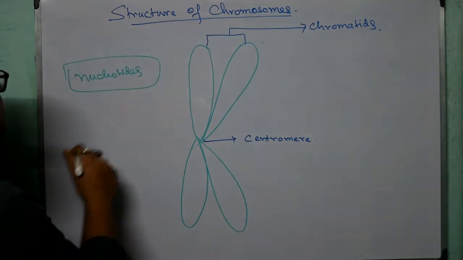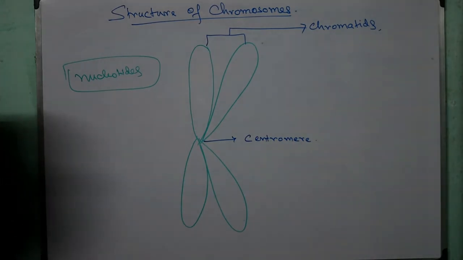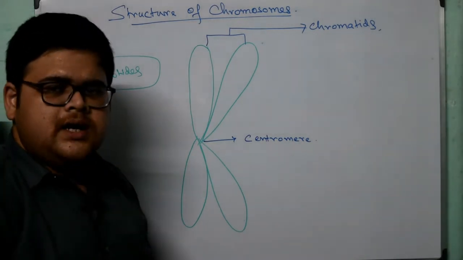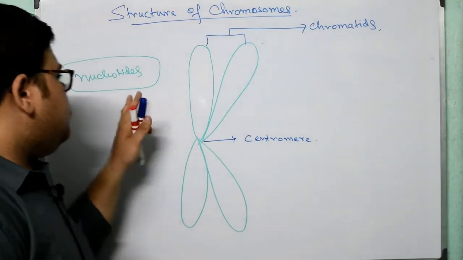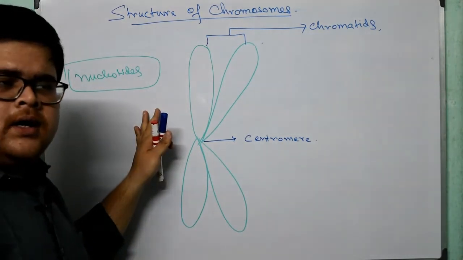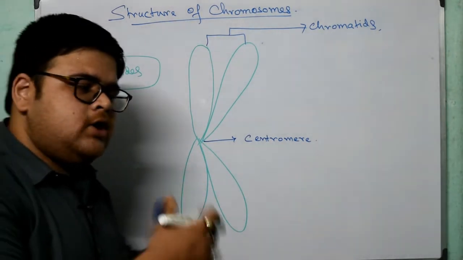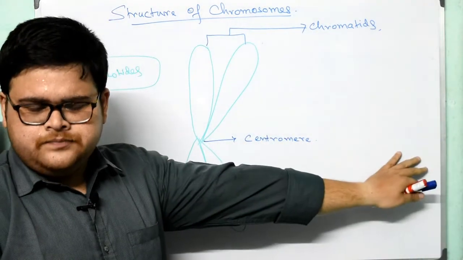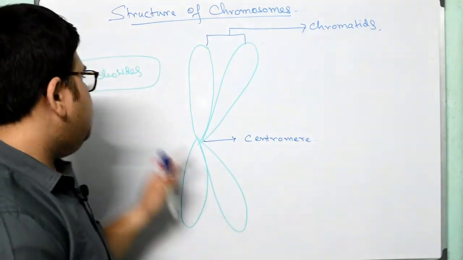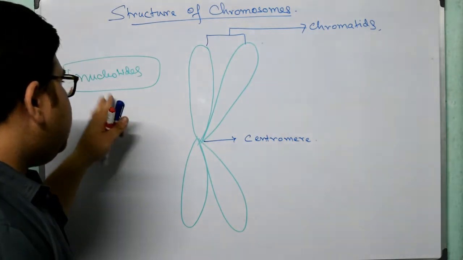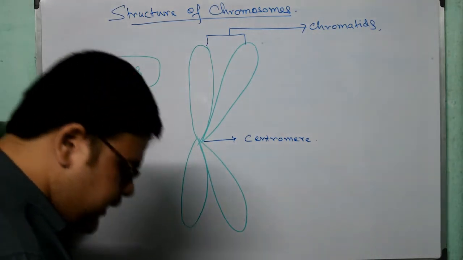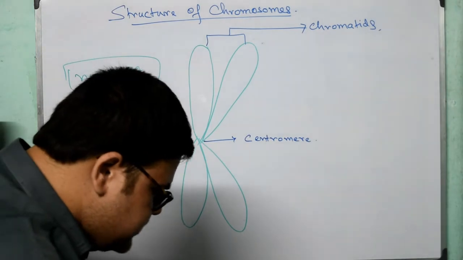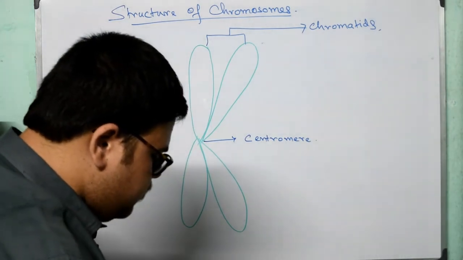These are nucleotides. What have we learned about nucleotides? Nucleotides are the structural or packaging part of chromatin fibers, right? So here we will find that the part inside is a specific sequence of nucleotides.